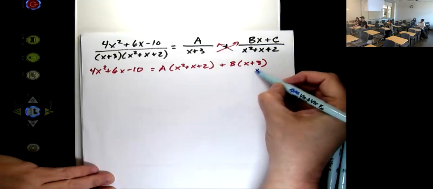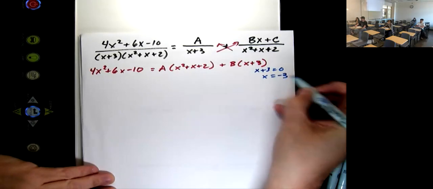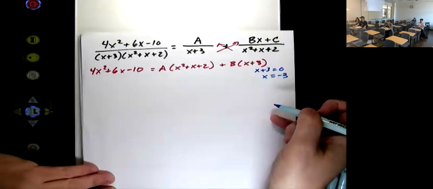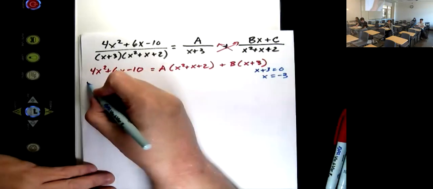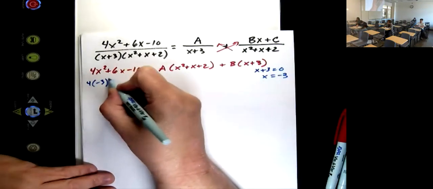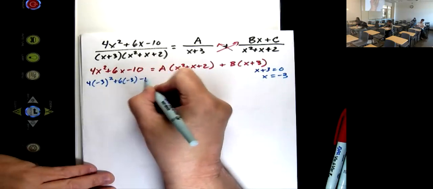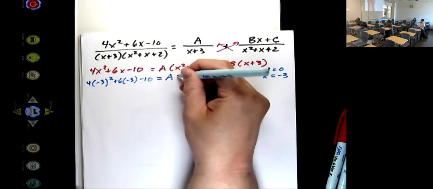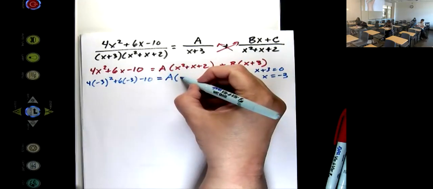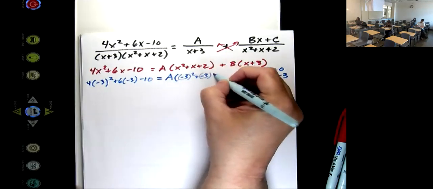This is x plus 3. If I set it equal to 0, x equals -3 destroys some stuff. So if I stick in -3, I have 4 times -3 squared plus 6 times -3 minus 10 equals a times -3 squared plus -3 plus 2.